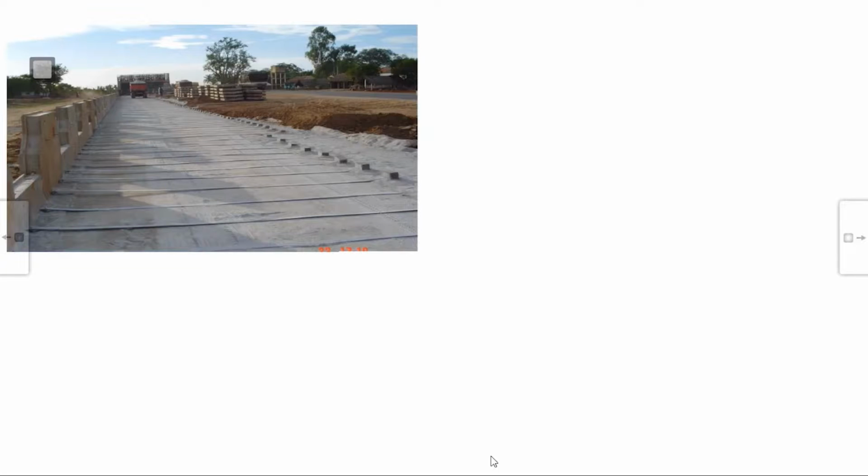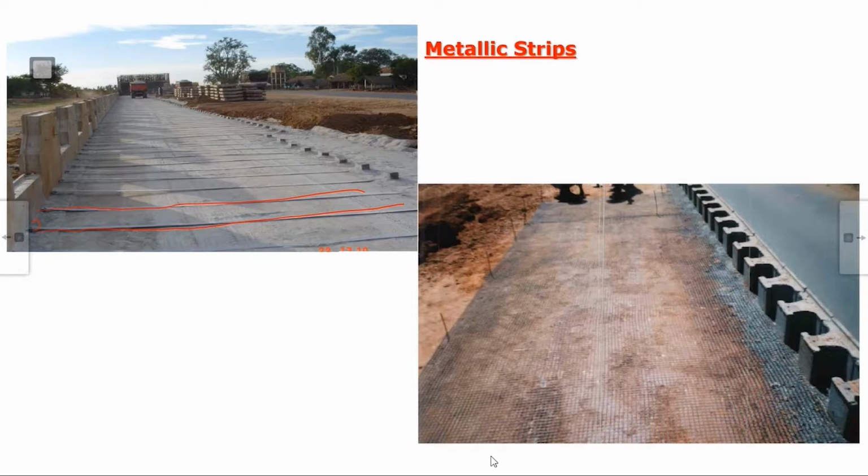Here if you see, these are the strips. In this case you can see this is the strip type of reinforcement. Metal strips also people use sometimes, and it is connected to the fascia this side and the other side. So this is a metallic strip. This is geogrid, and here you see the connection is like this.